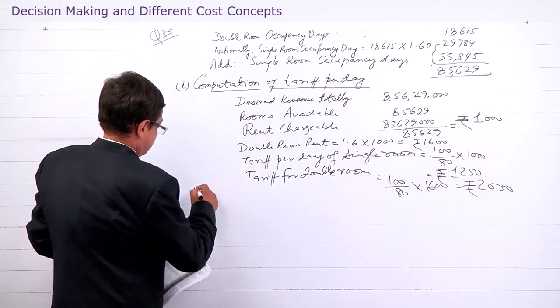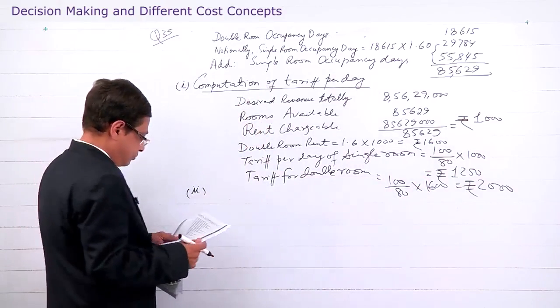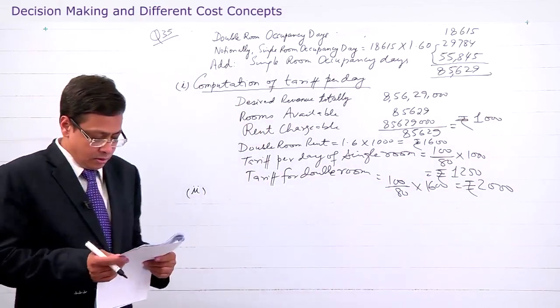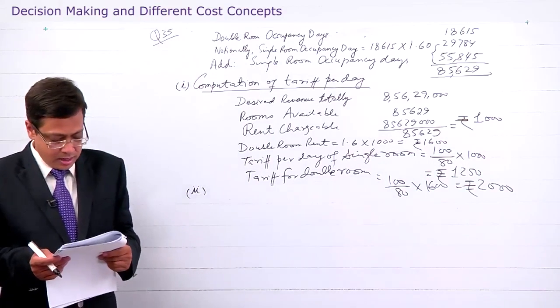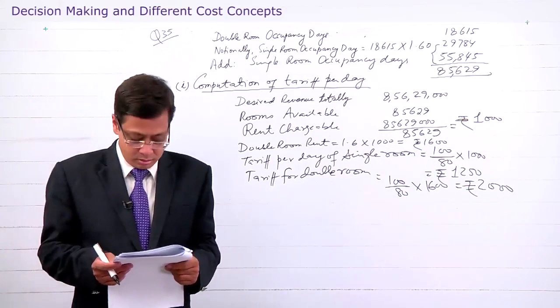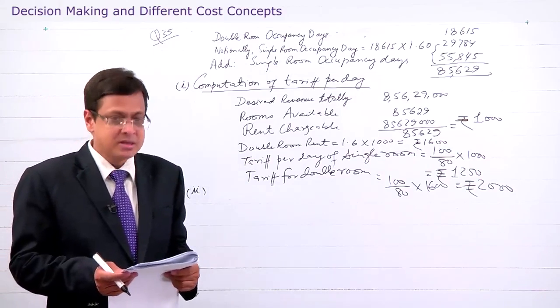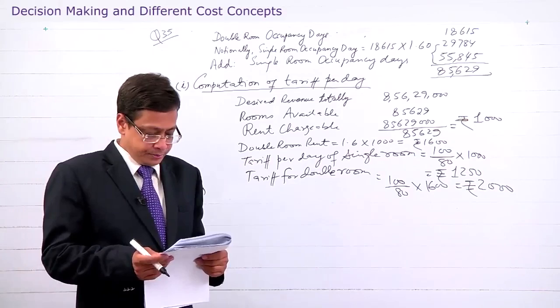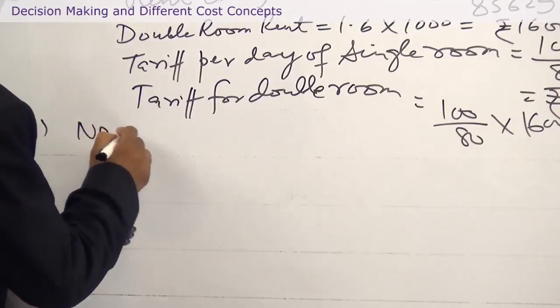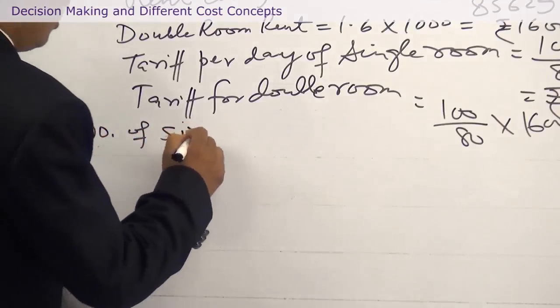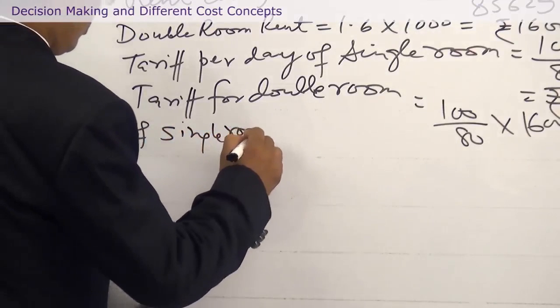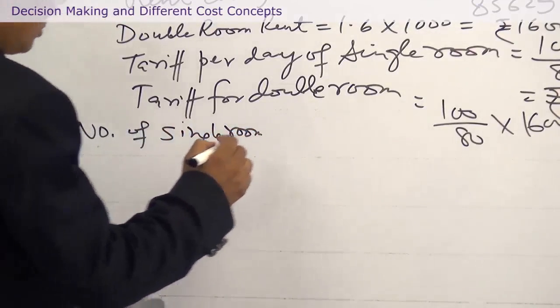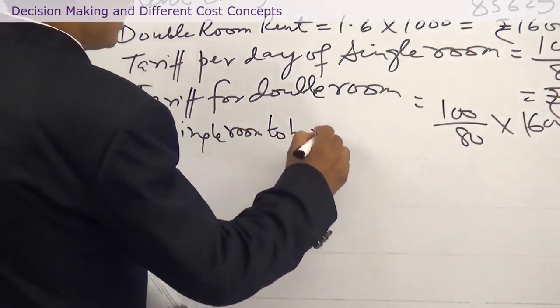Now the second part of the question says, to cover the loss in discount, how much the occupancy should change. Now, what is the number of single room to be reserved?